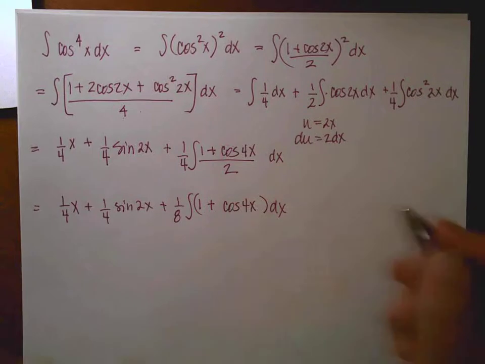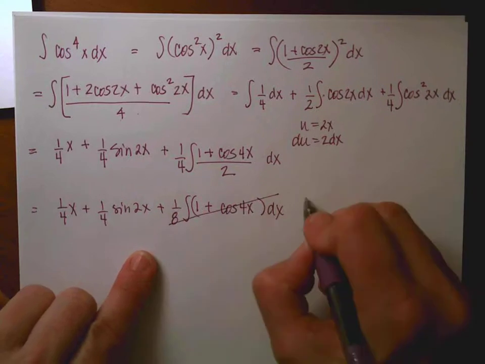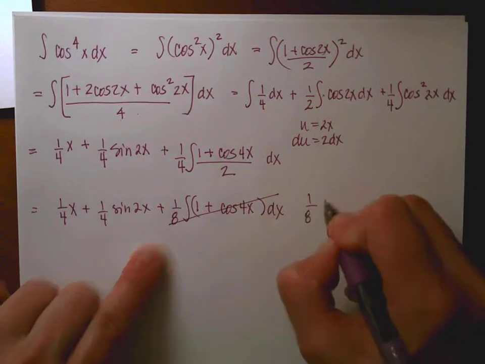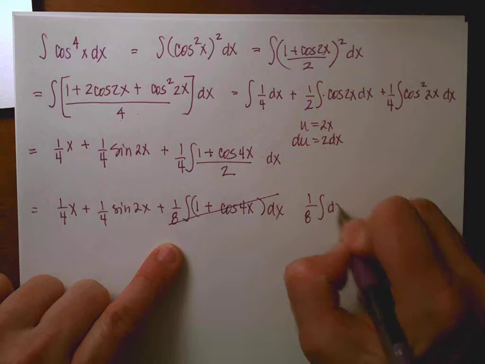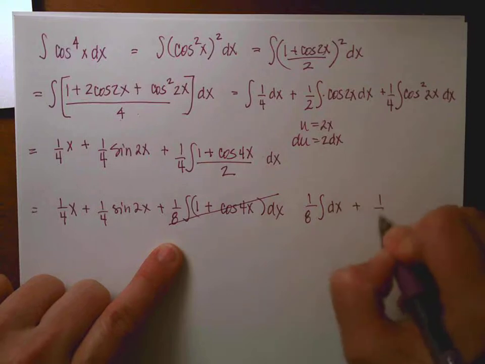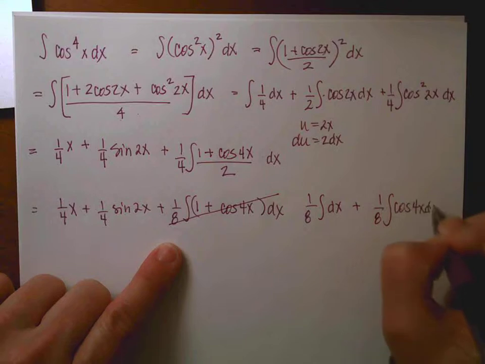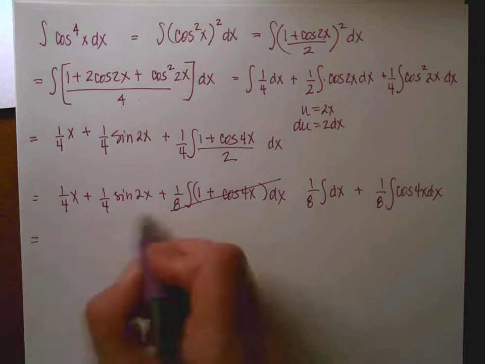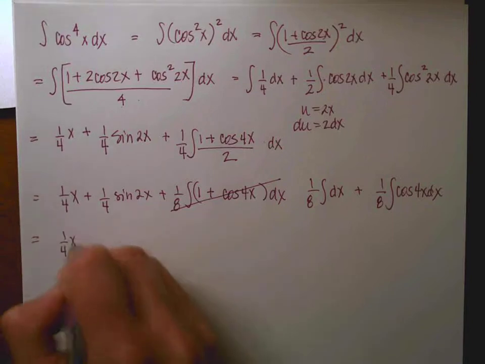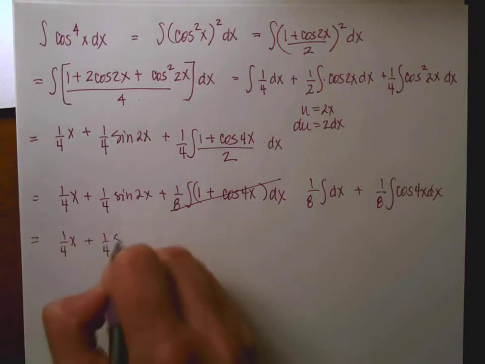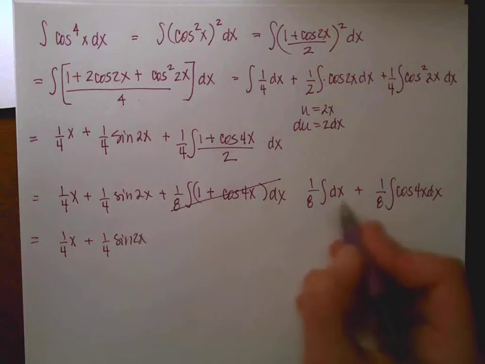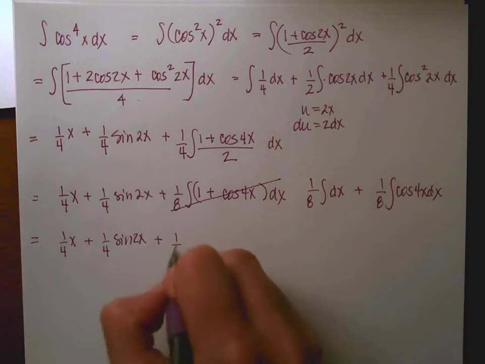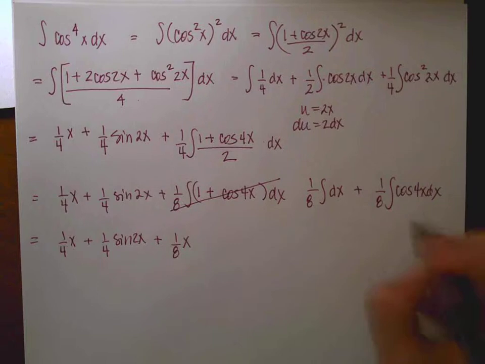Okay, so if we think about our u substitution right here, I'm actually going to split this up into two integrals, so I think it'll be less confusing. So I'm going to have the integral of 1/8 dx plus the integral of 1/8 times the cosine of 4x dx. That just looks nicer, okay? These two guys carry forward: here's the 1/4 x, here's the 1/4 sine of 2x.